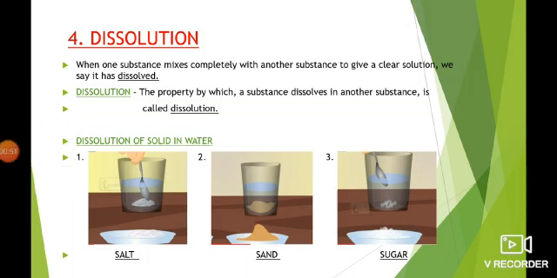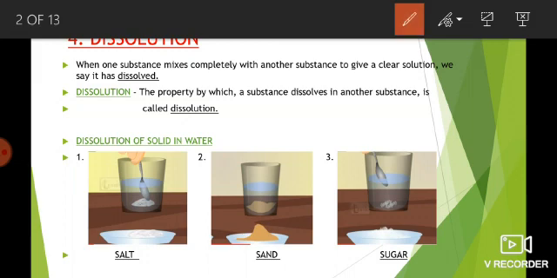So for understanding dissolution we should first understand when a substance is said to be dissolved. When one substance mixes completely with another substance to give a clear solution, then we say that it is dissolved in it.